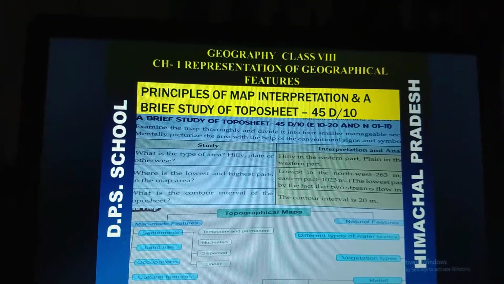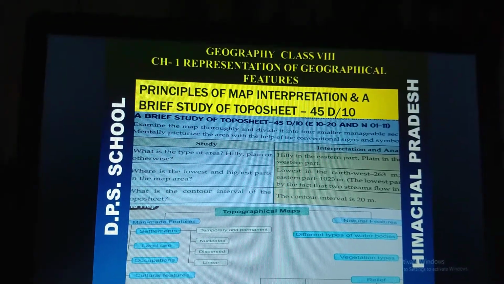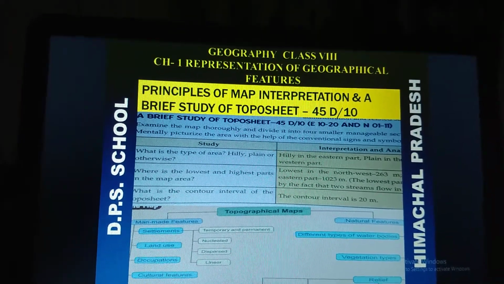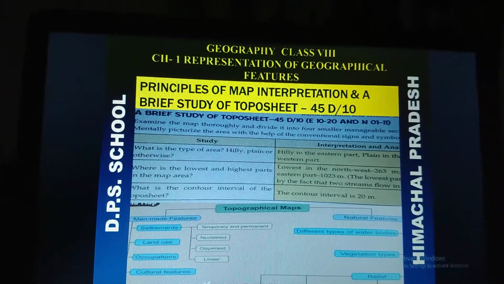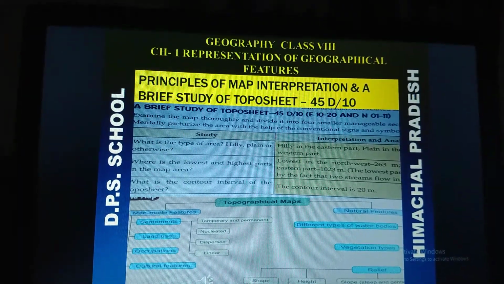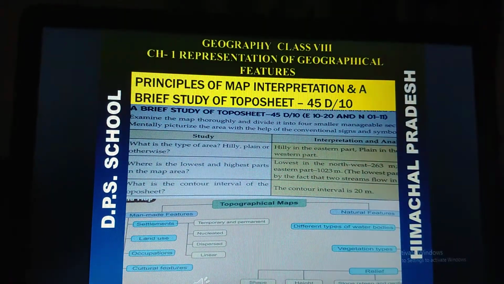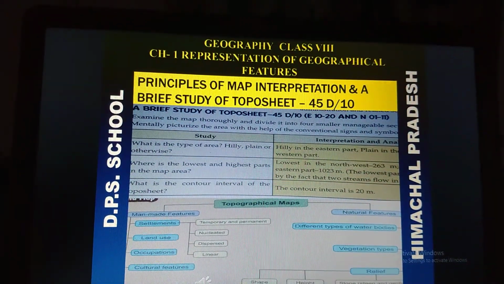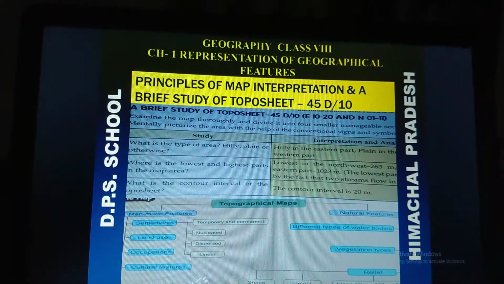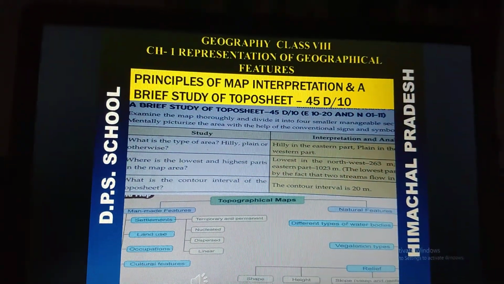Yes, perennial lined wells are there on the topo sheet. What indicates that the area receives seasonal rain? Dry streams, dry tanks, cart track motorable in the dry season. These are the things which indicate that the area receives seasonal rain.